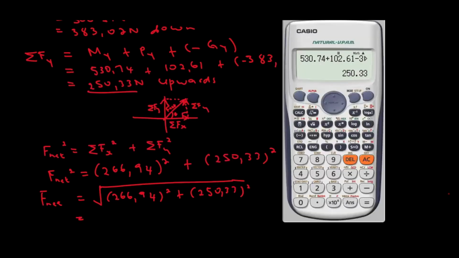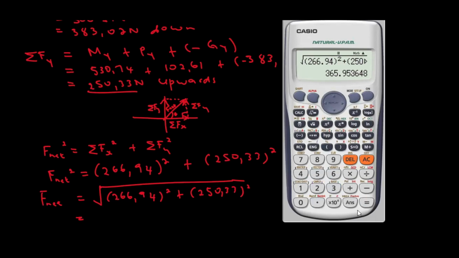Here's my calculator. I need to say the square root of, let me open a bracket here, 266.94 squared plus, open bracket, 250.33 squared.